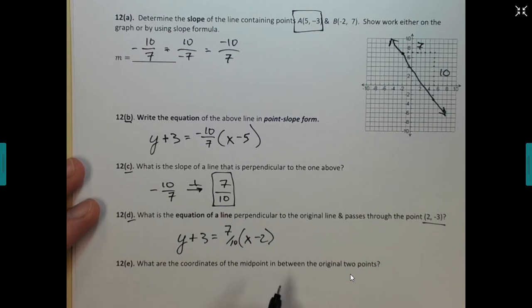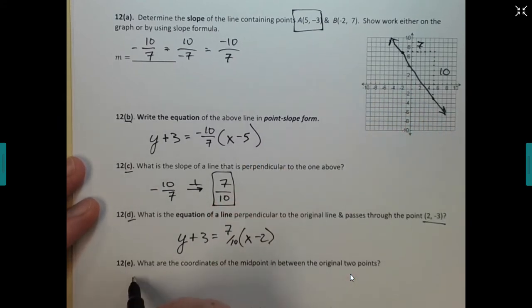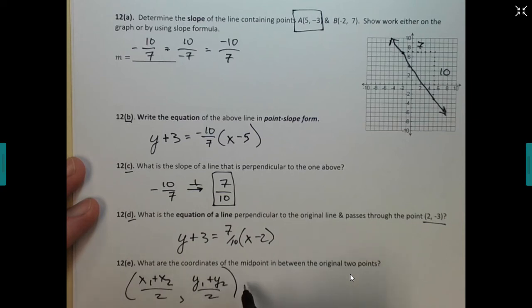What are the coordinates of the midpoint? So I need to use those 2 points. I'm going to find the midpoint. Remember the midpoint formula. I don't mind if you have access to these formulas on the quizzes and the tests, so keep them close. I take the x's. One of the x's was 5, the other one was -2.